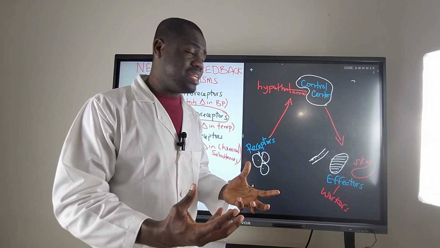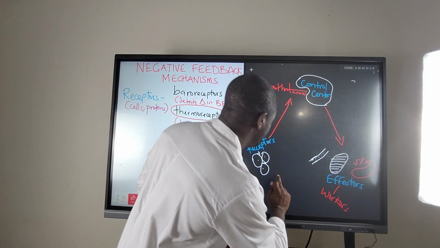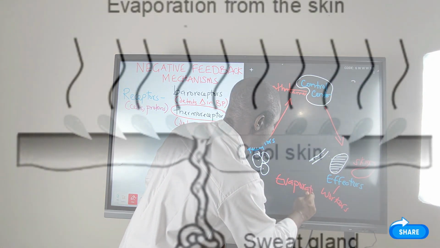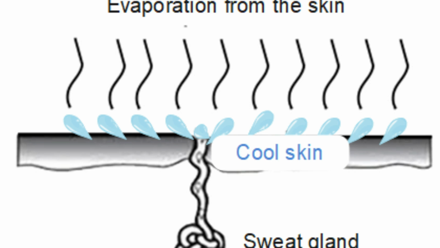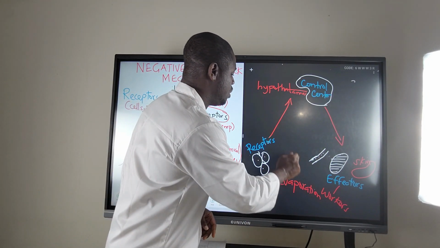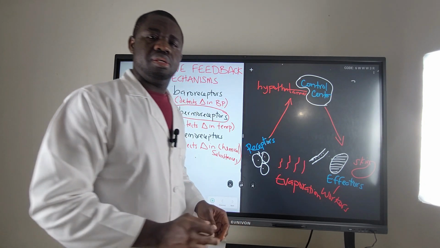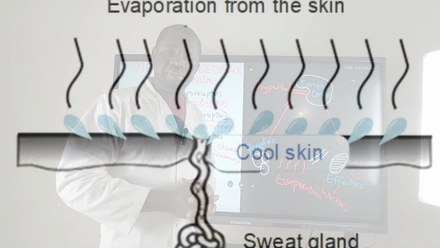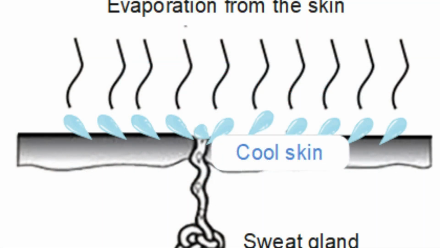And what happens after that? There will be evaporation. So, evaporation of sweat allows the heat to escape and makes the body cool. This is how the body responds to high temperature.